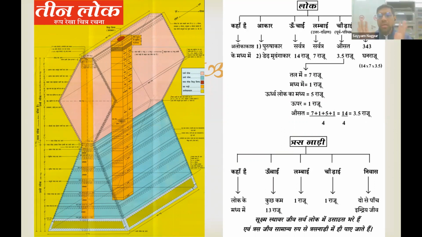The whole world is called as Alokakash, and the center region of that Alokakash is called as Lokakash. And these 3 worlds and the diagram that you can see is of the Lokakash only. So in the end, I might ask you, what is Lokakash? So these are basically locations. A location where all the 6 substances dwell together is Lokakash, and where they do not dwell together is called as Alokakash. Fine.